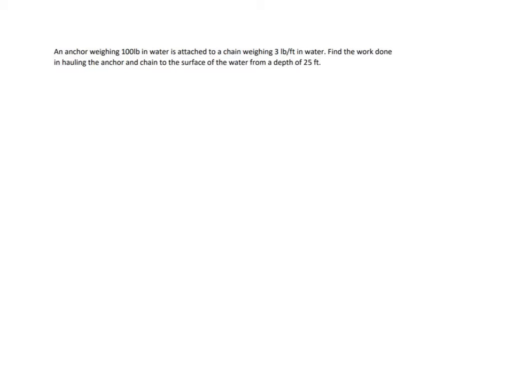Okay, in this example, an anchor weighing 100 pounds in water is attached to a chain weighing 3 pounds per foot in the water. Find the work done in hauling the anchor and chain to the surface of the water from a depth of 25 feet. So in this case, since we're pulling something up, work equals force times distance.